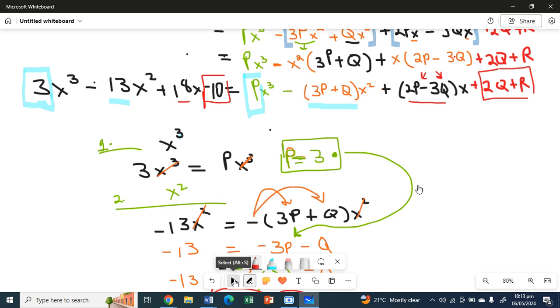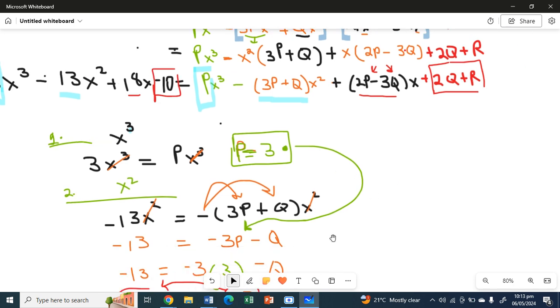So when you equate the constants, we have negative 10 equals 2q plus r.